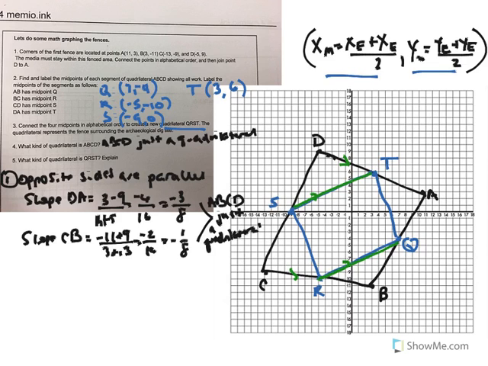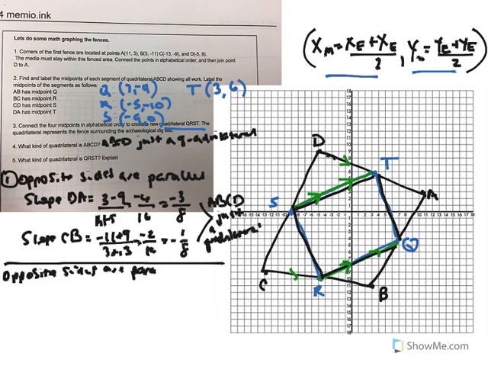Okay, so now I need to find what kind of quadrilateral QRST is. So this one down here. So now we're going to find if ST is parallel to RQ. So let's use slope to do that. So now I write again, opposite sides are parallel, because I want to show that I know what property I am using and trying to prove.